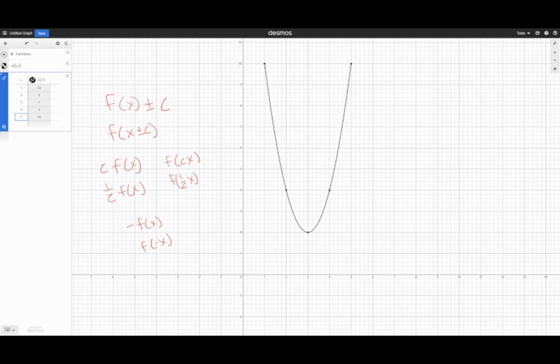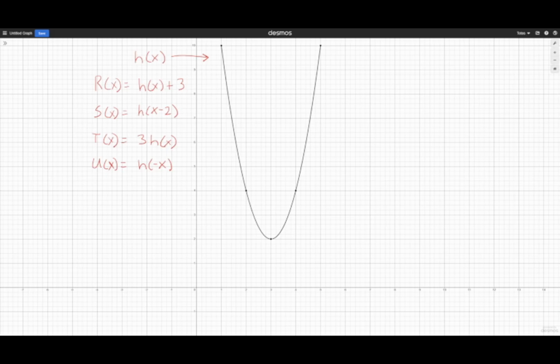What I want you to think about is how these values are going to change when we perform the following transformations. Take the transformations and see how this table would change. I've hidden the graph in the table, and here's what I'd like you to do.